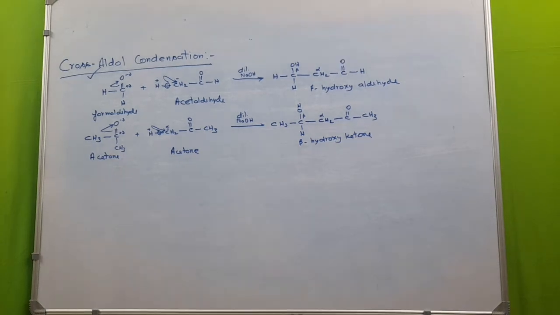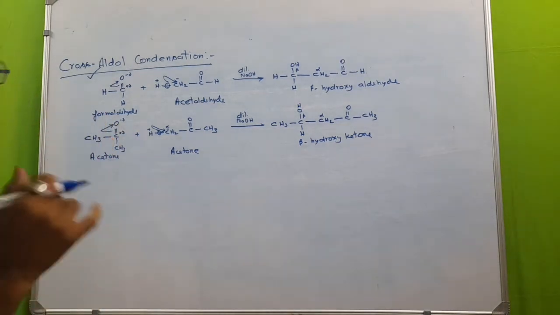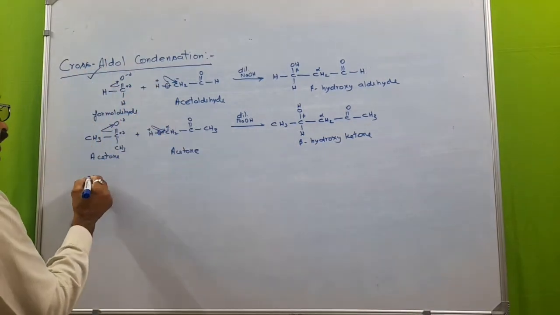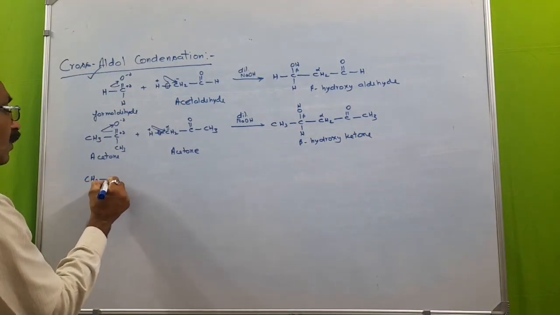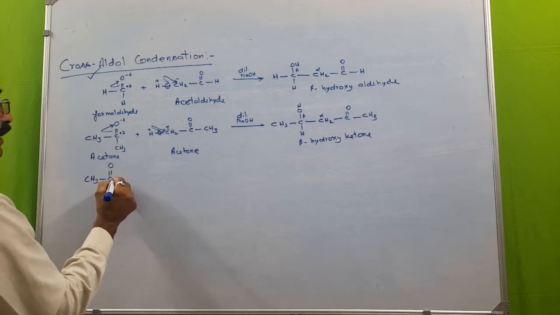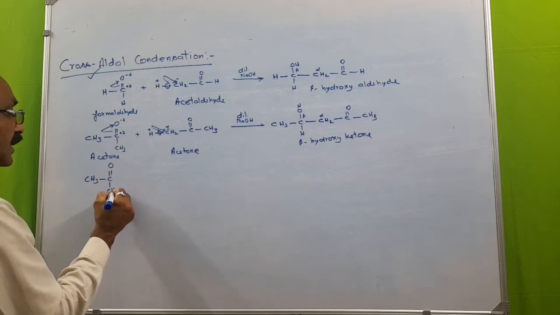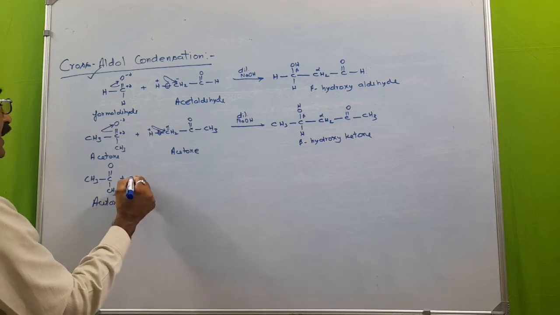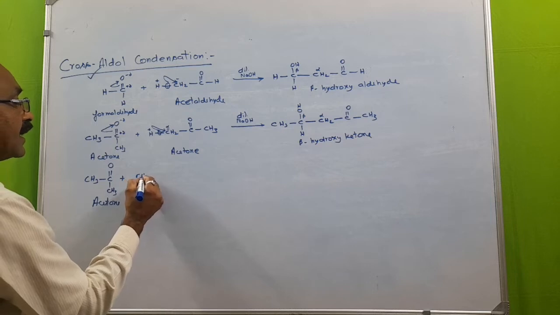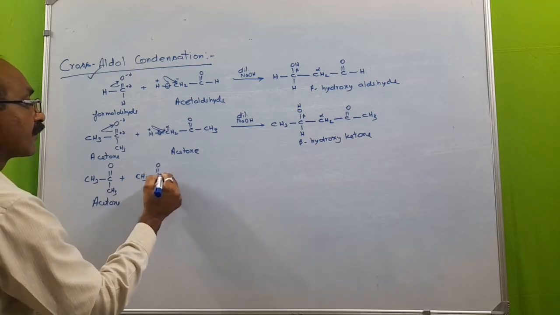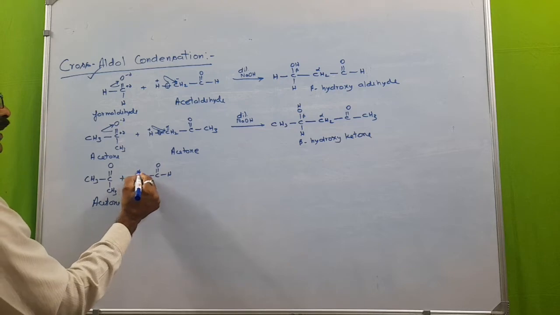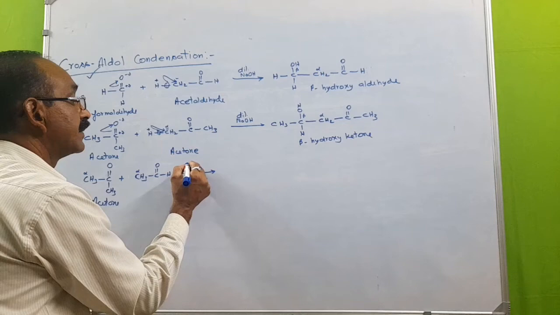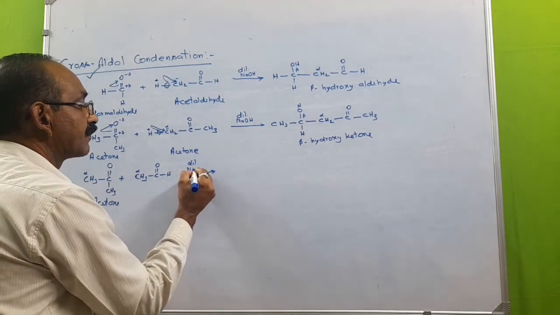It's possible. And this one is also possible, that we take one aldehyde and one ketone. Let the two compounds taken be acetone and acetaldehyde. Both have alpha hydrogen, and they are treated with dilute alkali.